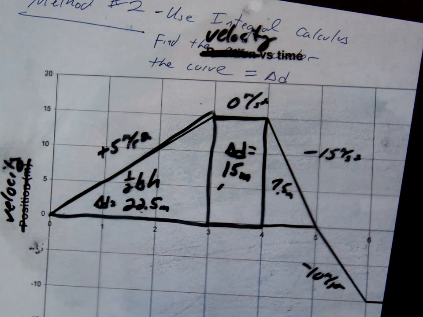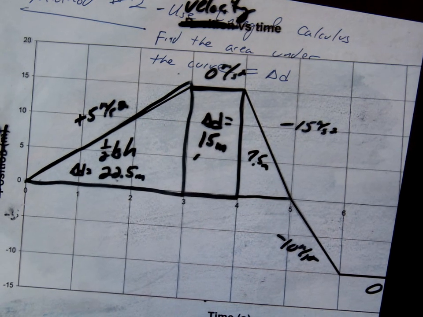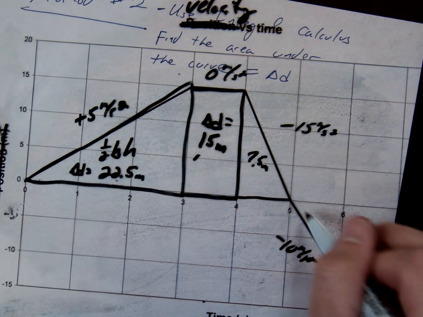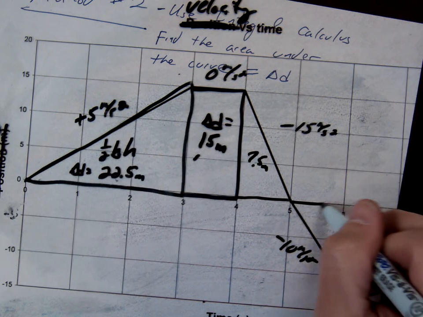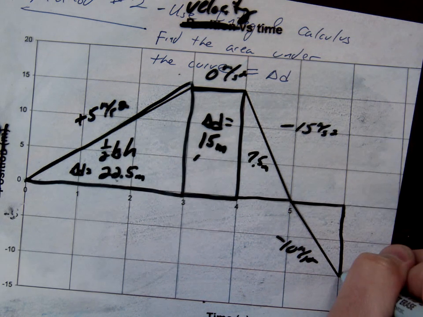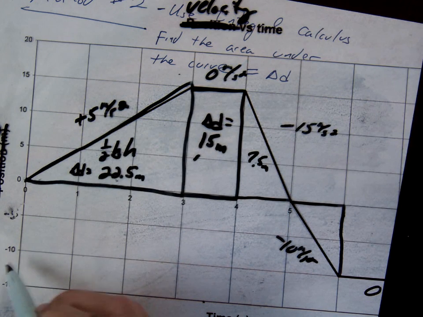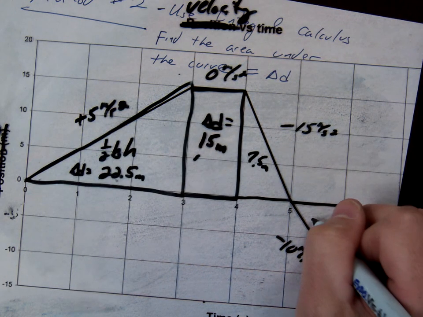Let's do 5 to 6. Now this is the only somewhat tricky part. We're going backwards, right? So what do we have to make sure happens when we find this area? We have a negative. And you can see that if you do make this negative 10 here, negative 10, 1/2 of that is negative 5.